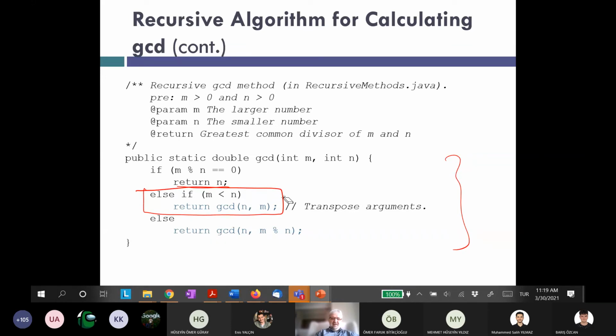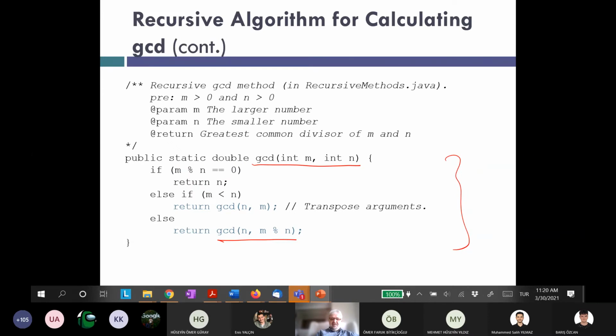But if m is smaller, we can reverse the parameters only. And to be able to calculate the value of this one, if this base case is not the case, then we can use this recursive definition.